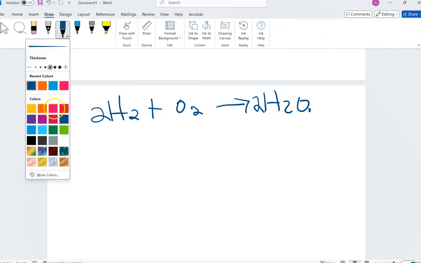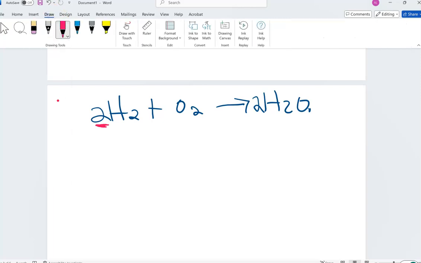These coefficients represent the number of moles of the substance needed. Now I don't have a coefficient here, but I have to pretend there's a 1. So for this reaction to happen, I have to have 2 moles of hydrogen. The 2 means I've got 2 hydrogen atoms linked together.